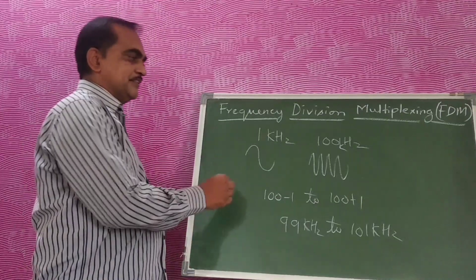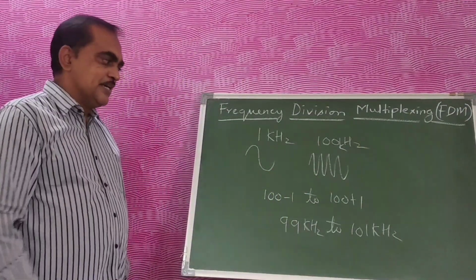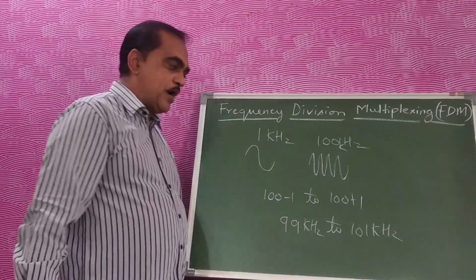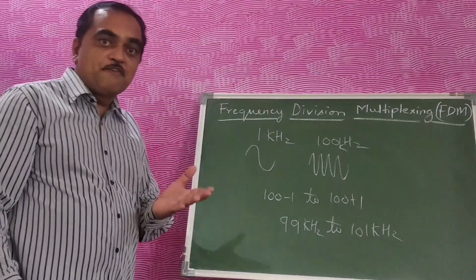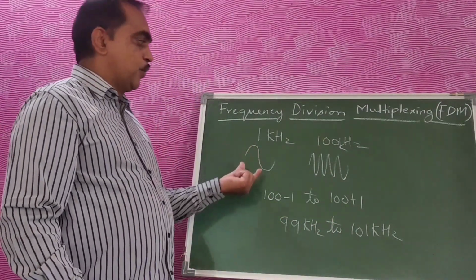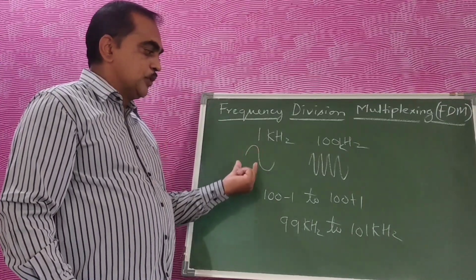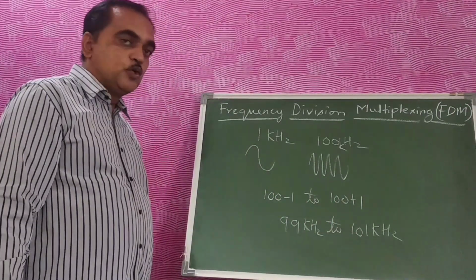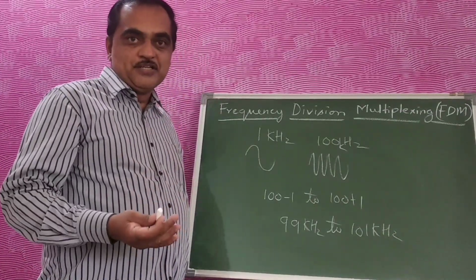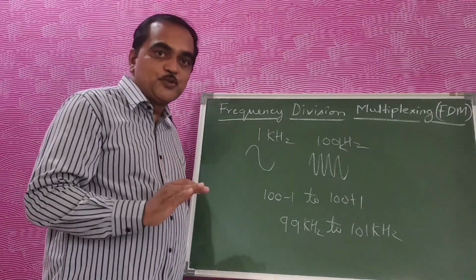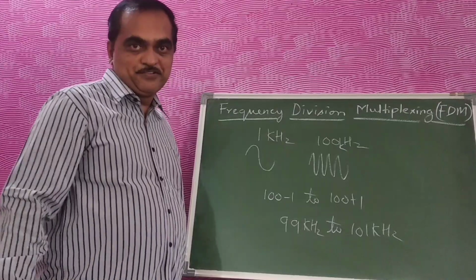So here the signal was 1 kilohertz, the carrier was 100 kilohertz, and the bandwidth required will be from 99 kilohertz to 101 kilohertz. So we have shifted the frequency spectrum of the signal from 0 to 1 kilohertz to 99 to 101 kilohertz. This is what we studied in modulation. So modulators are important to understand first when we see what frequency division multiplexing is.